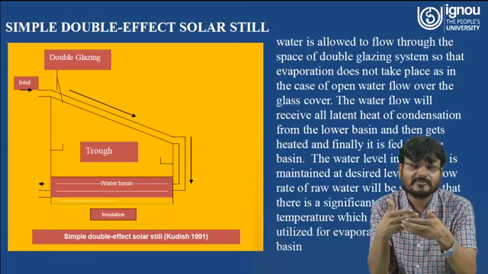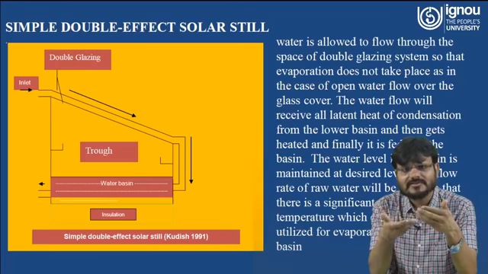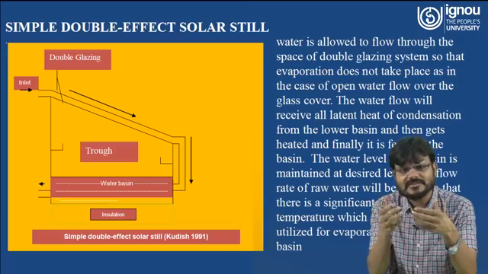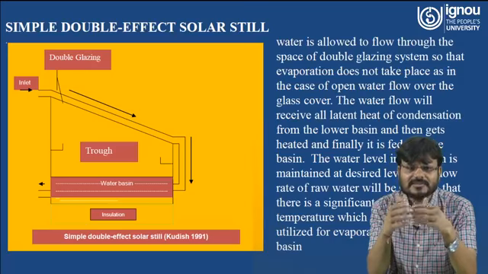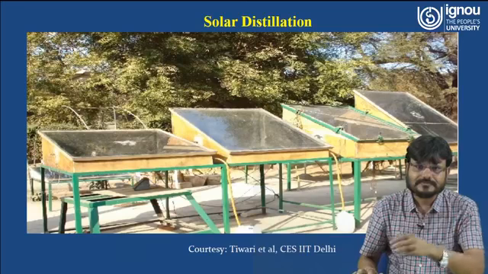If evaporation is more, this water will reach the glass cover of this glazing, and again it will transfer its latent heat to the glazing, and this water will be condensed, and you can collect this distilled water. That means by this mechanism you can increase the yield of the solar still.